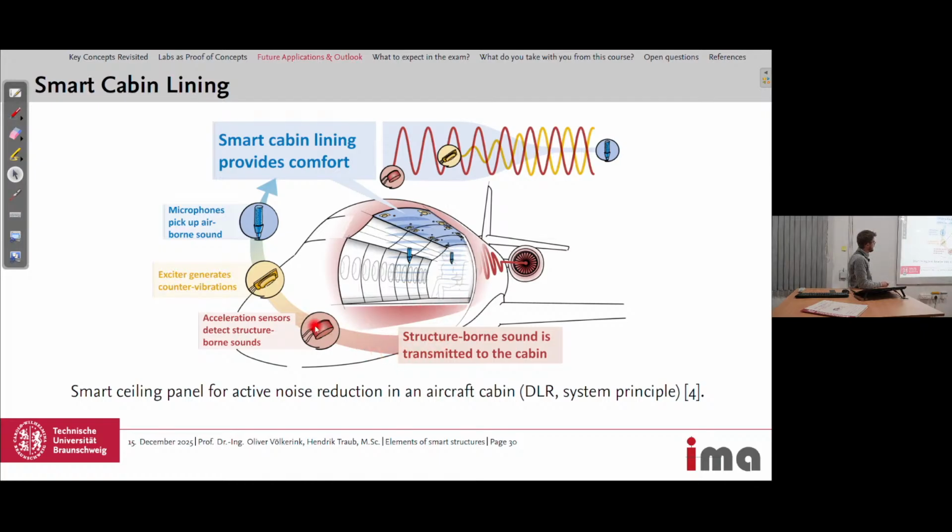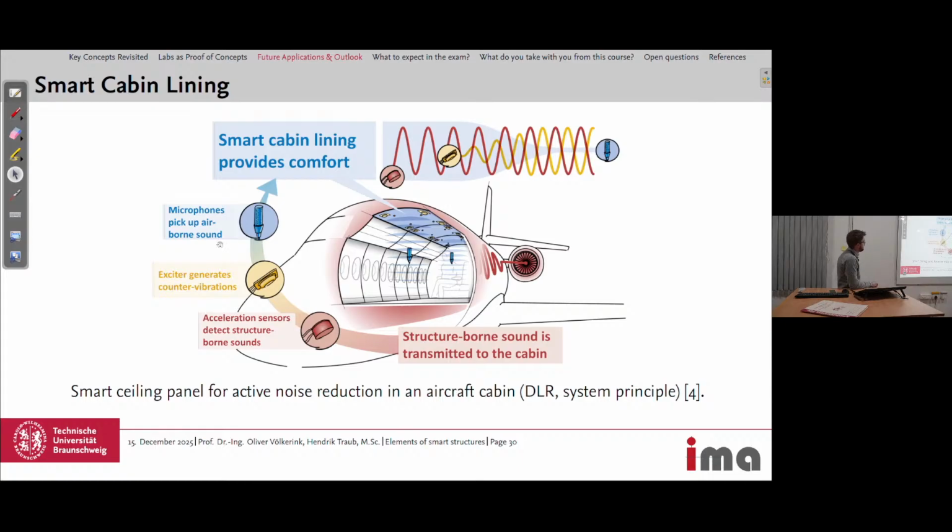This structure-borne sound is detected with acceleration sensors, and like we saw in the lecture today on active vibration control, we use exciters to generate counter vibrations, and then in addition there were microphones installed in the cabin to pick up the airborne sound, so really the noise the passengers would hear.